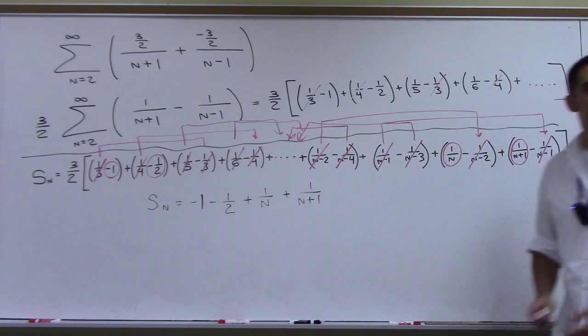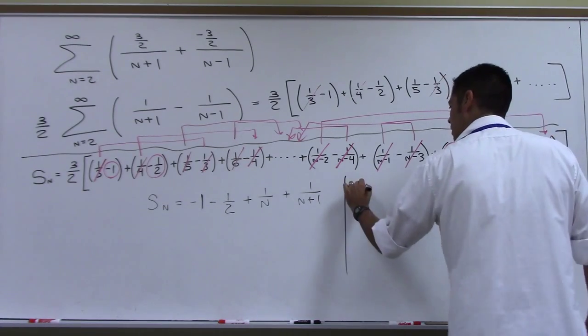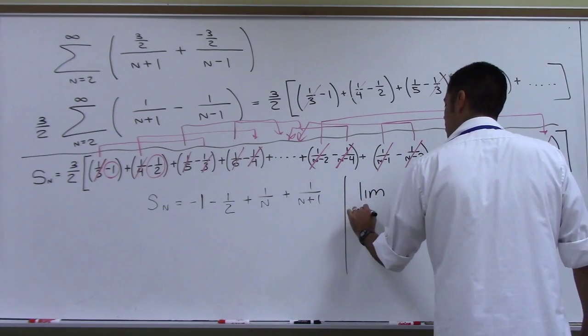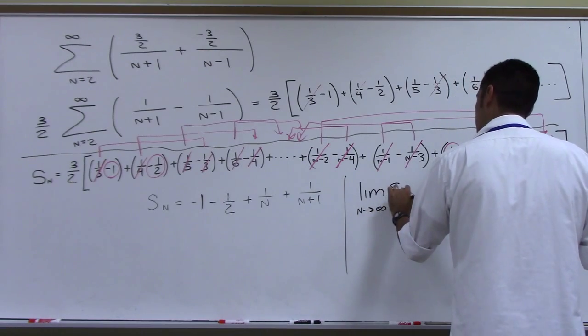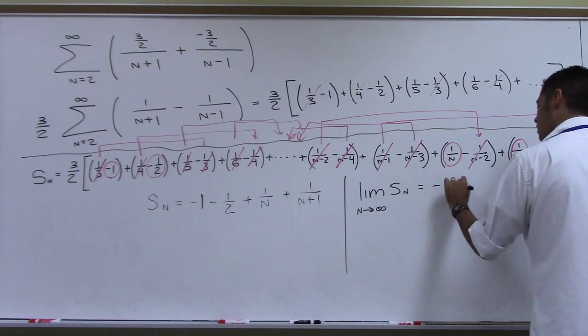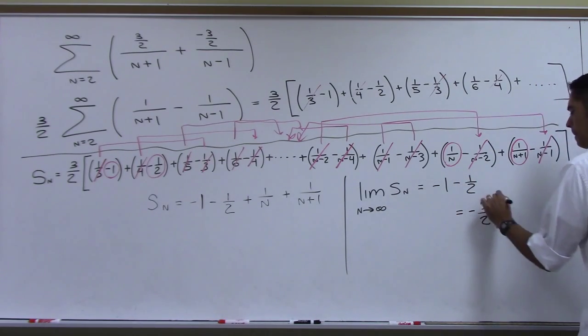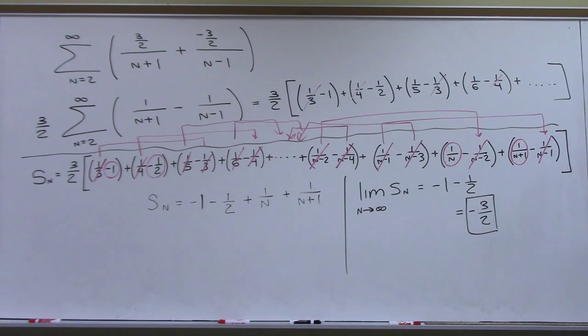So now we take the limit as n goes to infinity of S sub n, which equals -1 minus 1/2, which is -3/2. The series converges to this.